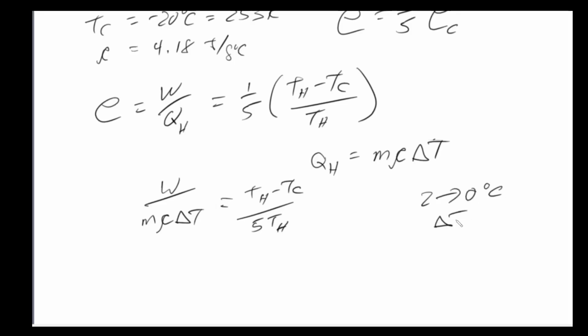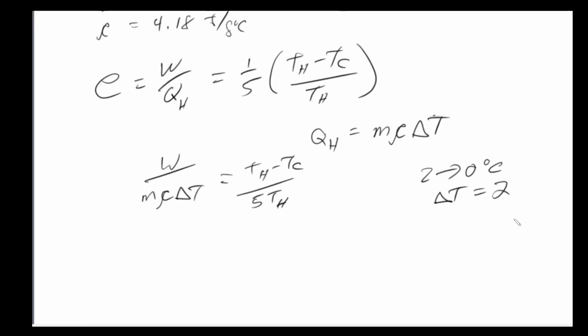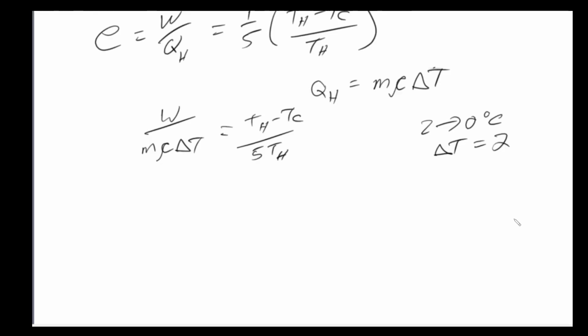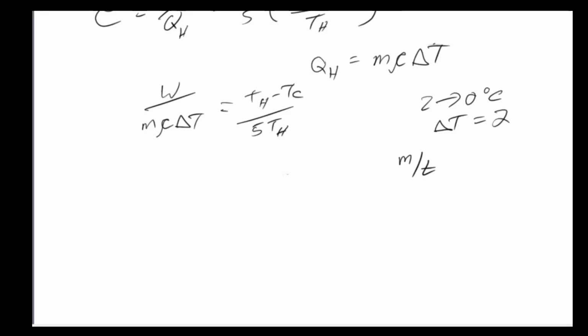So our delta T in this case is equal to 2, because we're looking at the change in the temperature of the water itself. So we can put that in as delta T in this equation. Now we're looking for the rate at which the water has to be pumped. So we'll want to find the mass per unit time of the water. So we want to get mass in the numerator, so let's flip this equation.